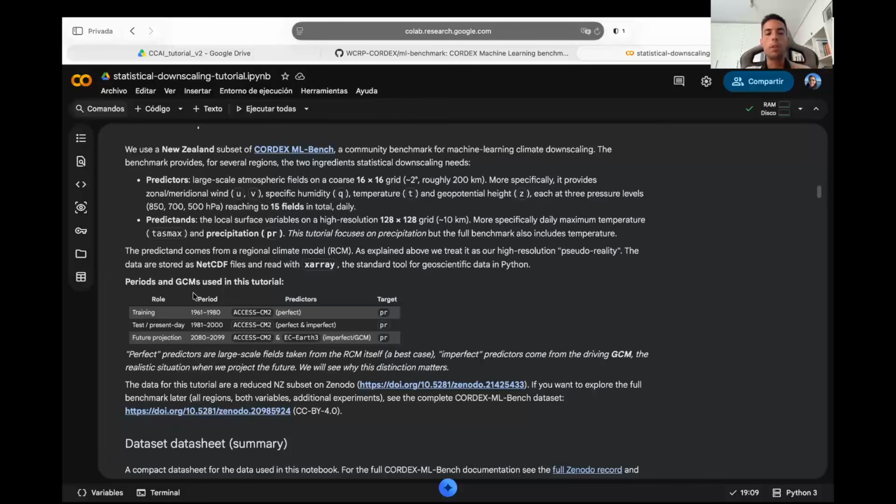We are going to use different periods for training, for evaluation, and so on and so forth. The evaluation is of course way more complete in the benchmark. This is like a small subset of the benchmark. But the idea is to be sure that the model that we have trained in a historical period is valid for downscaling in the future.